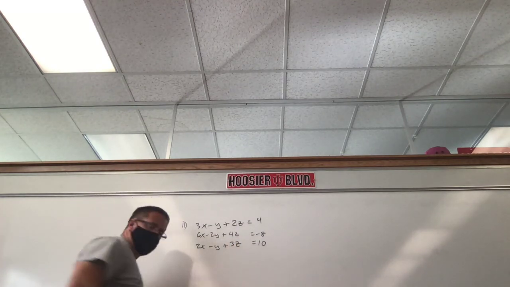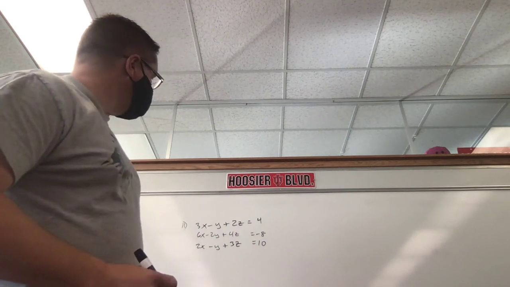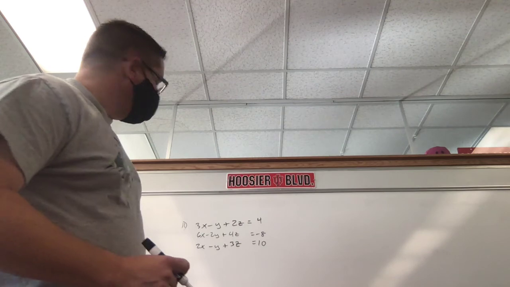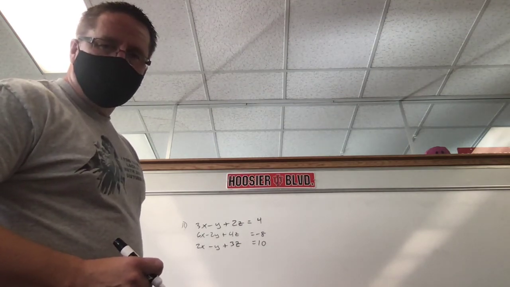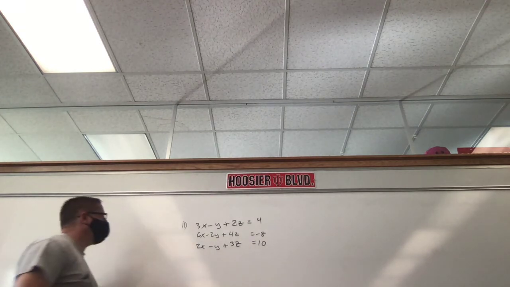Write it down, but I might have made a mistake. I just want to make sure. 4, negative 8 and 10. That's good. 3, negative 1, 2. 6, negative 2, 4. And 2, negative 1, 3.